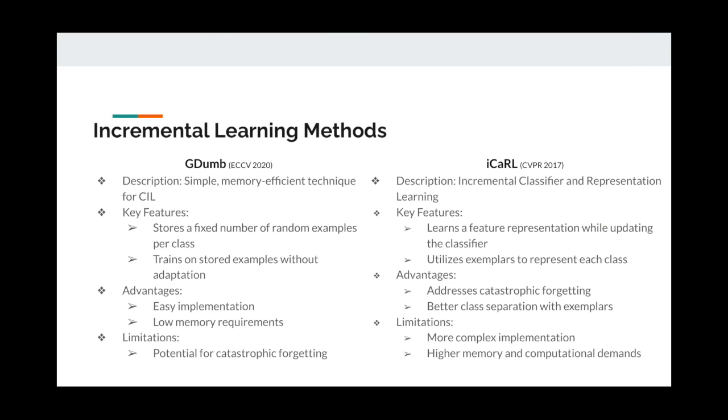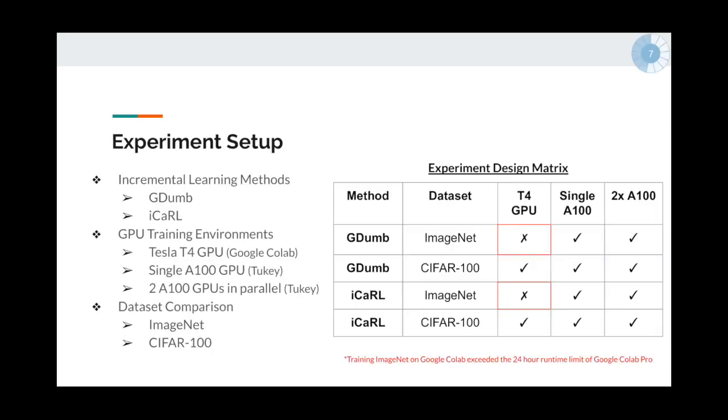The other method I used was called iCaRL, which stands for Incremental Classifier and Representation Learning, which learns a feature representation while updating the classifier. It also makes use of exemplars to represent each class. This allows for better class separation using those exemplars, and it addresses catastrophic forgetting. It is a more complex implementation.